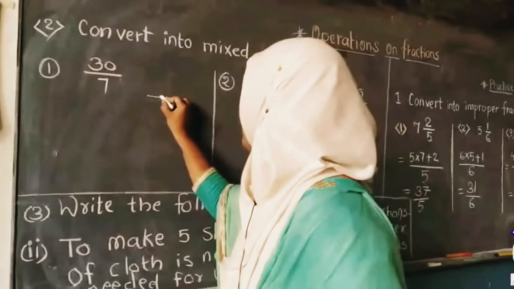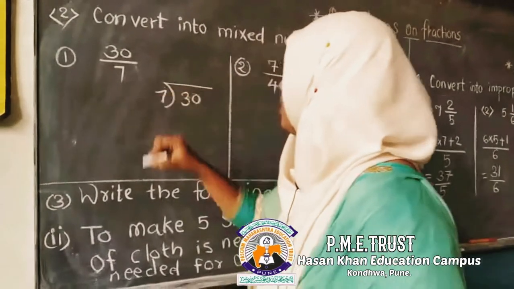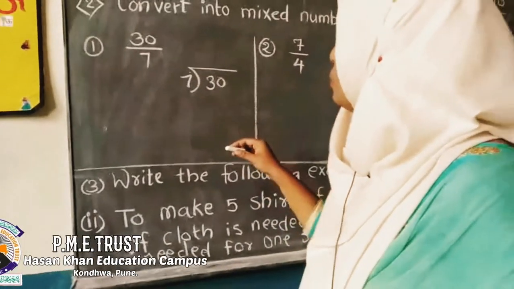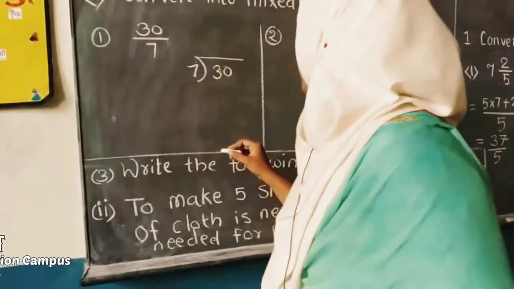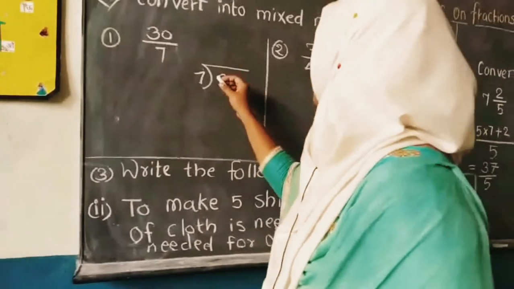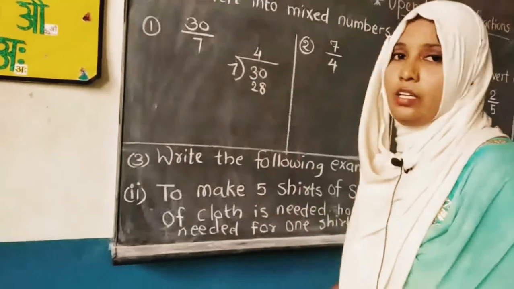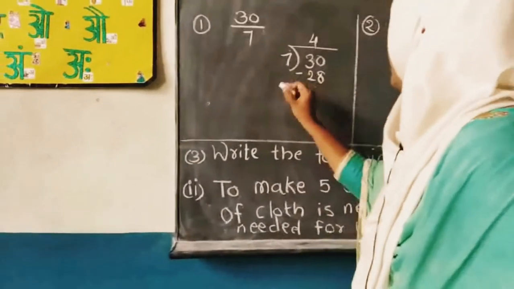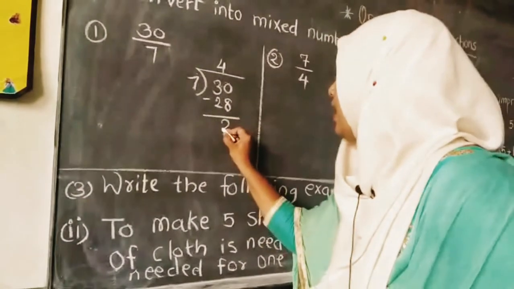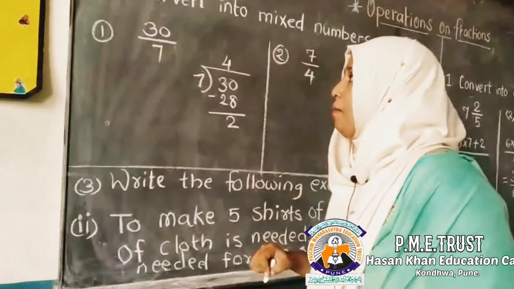First you have divided this number 30 by 7. 7 ones are 7, 7 twos are 14, 7 threes are 21 and 7 fours are 28. Here write 28. Then minus. Remainder is what? 2. Here write 2.